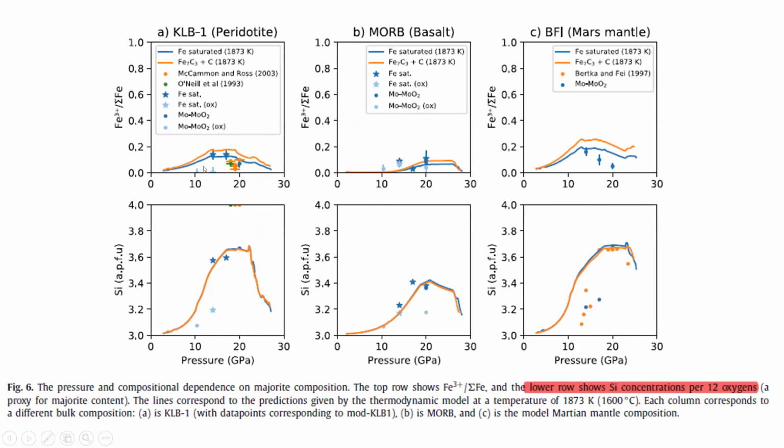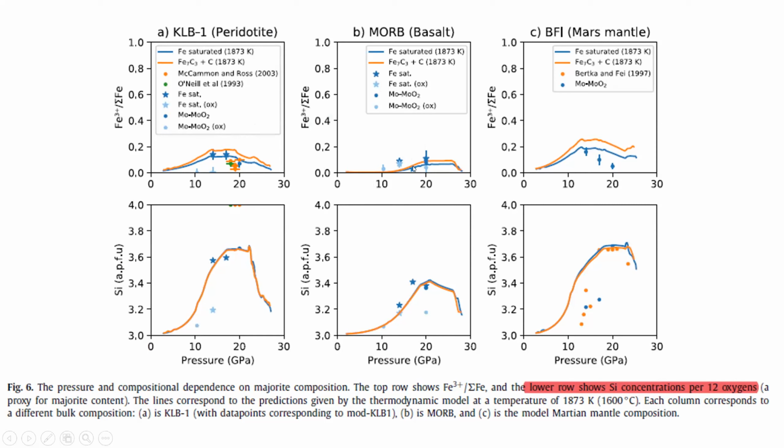Here they have compared Fe3+/total iron against pressure. The small points are the experimental data points, and the lines are the result of the model. For this particular peridotite, in the reduced sample, the model gives a good fit and the data are properly represented.